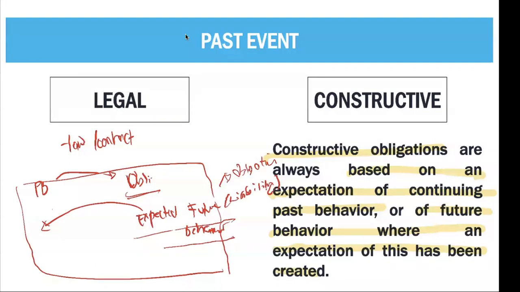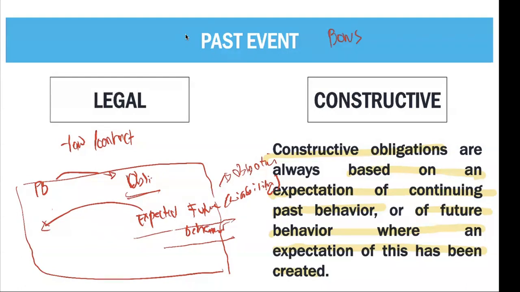So, what is an example of your constructive obligation? One common example is a bonus. Bonus normally is not based on a law or contract, but for example, the company is giving bonus every December. They call it 14th month. There is nothing in the contract or the law which gives the employer the obligation to pay bonus. However, he always gives 14th month, 15th month during December.